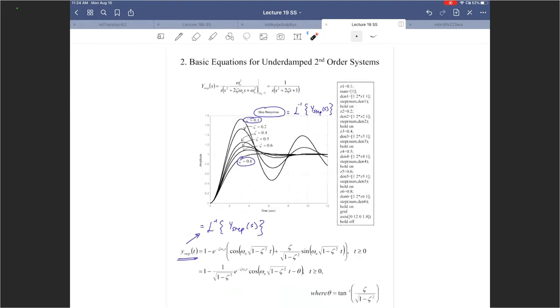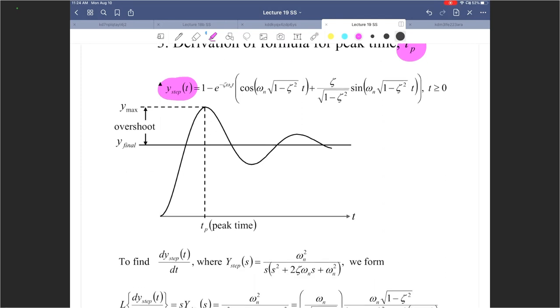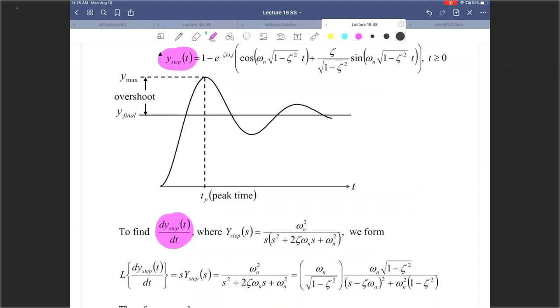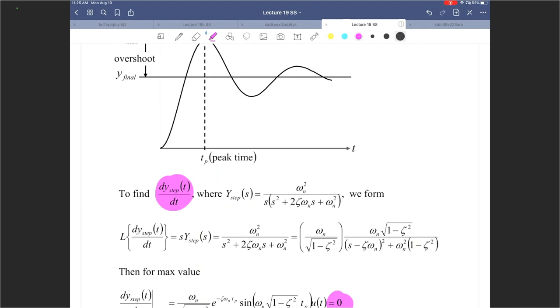Next, we are going to try to find TP, the peak time. How do you find the peak time? Well, take your step response in the time domain, differentiate it with respect to time, equate it to 0. When you equate it to 0, you find the point at which you get the peak.